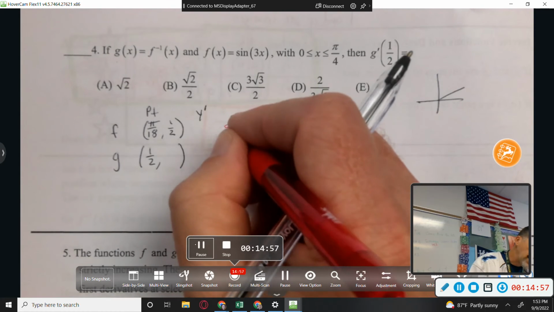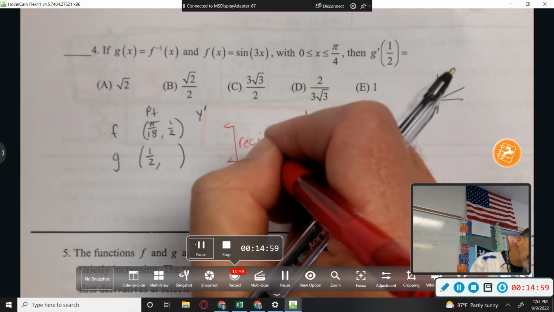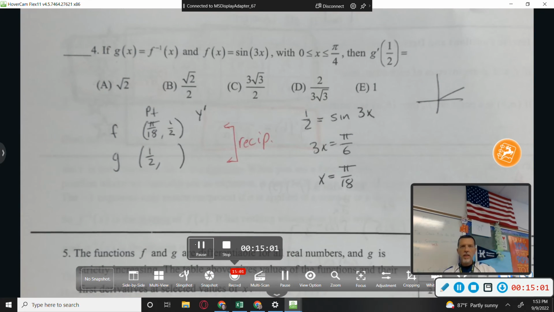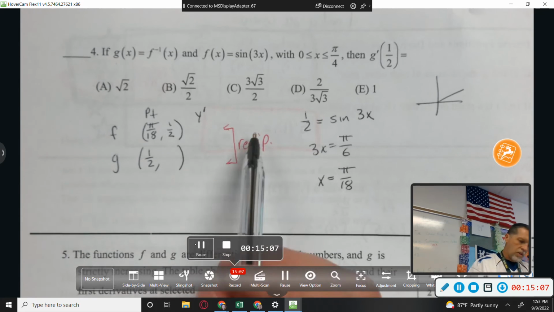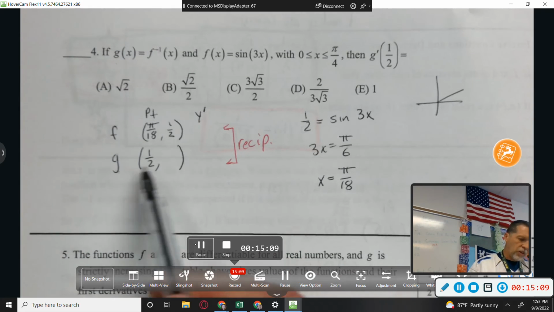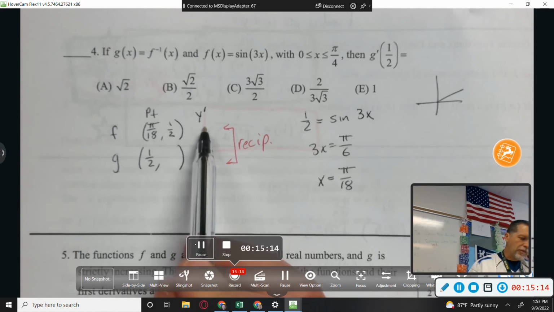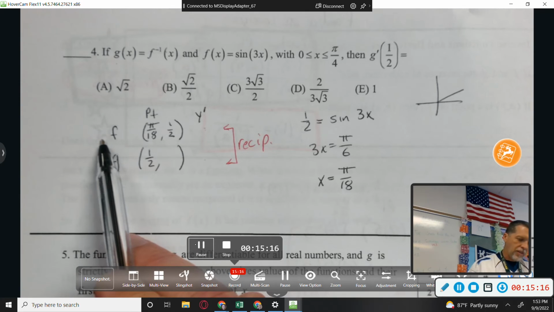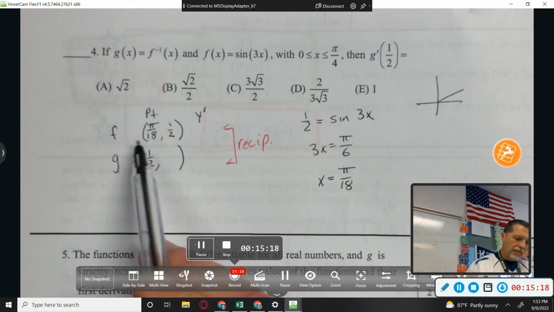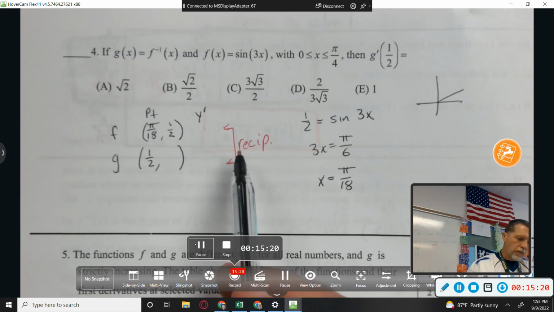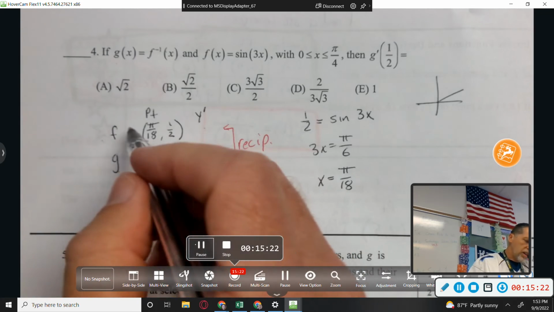It's probably not necessary at this point, but I'll remind myself that if I can find one of them, then the other one is just the flip. Okay, I don't really know anything about G, so that's what I want to know, but I think I'll have to get it by flipping the derivative of f. I don't have a table, don't have a picture, so we're gonna have to flip it.